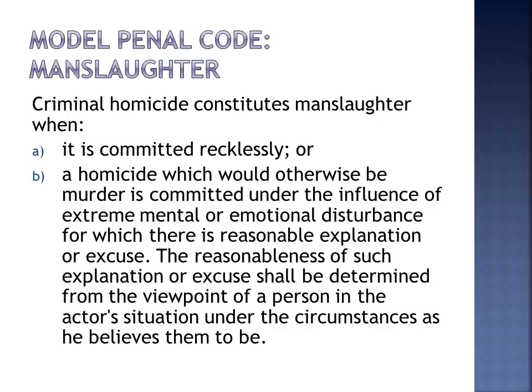So the classic example is you come home unexpectedly, you find your spouse in bed with someone else, you become so angry, so distraught that you basically lose your mind. So you're not criminally insane, but in that moment you have essentially lost your senses. So you, in the wording of the Model Penal Code, you're acting under the influence of an extreme mental or emotional disturbance.